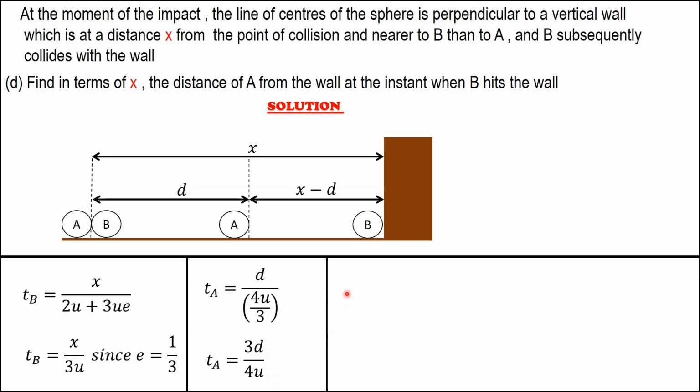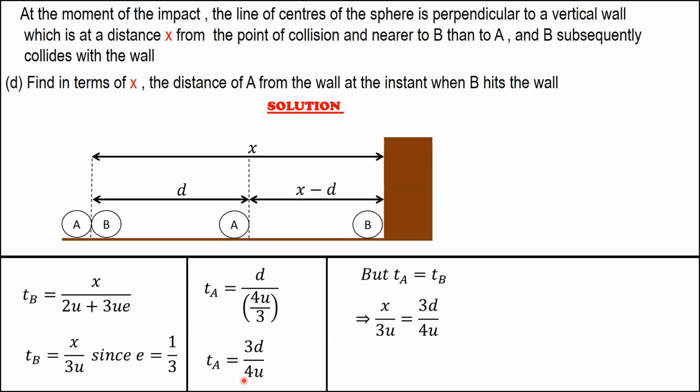And as I said, the only condition we can use here is the fact that TA equals TB, that is the time taken by sphere B to reach the wall immediately after impact is equal to the time taken by sphere A to cover a distance D, as shown on this figure.